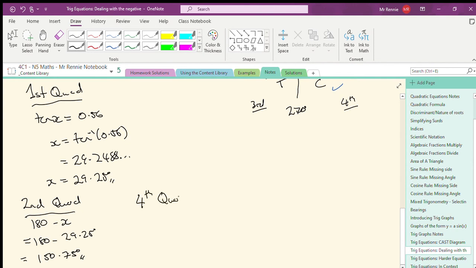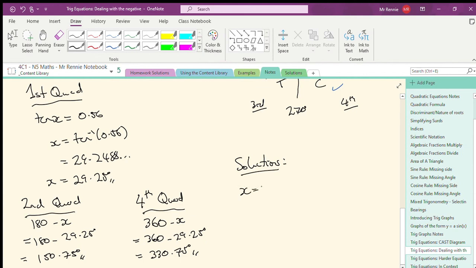The rule is 360 minus x, so it's 360 minus my answer for the first quadrant, 29.25 degrees, which gives me 330.75 degrees. So my solutions are when x equals 150.75 degrees and 330.75 degrees also. Those are my two answers.